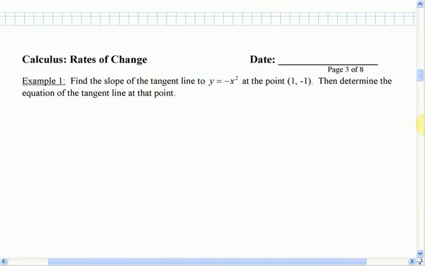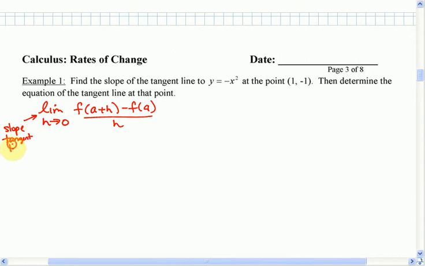So I'm going to ask you to use that formula that we just created, the limit of h approaches 0, f of a plus h minus f of a all over h. And this formula, once again, determines the slope of the tangent line at point a.